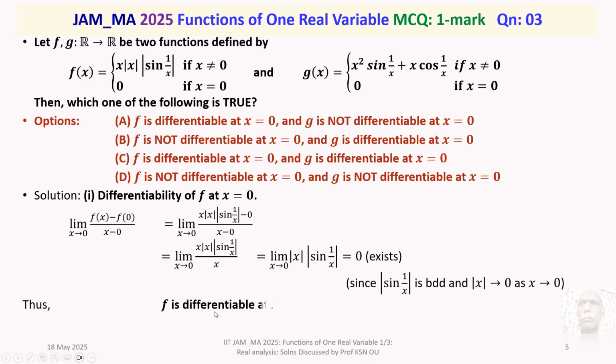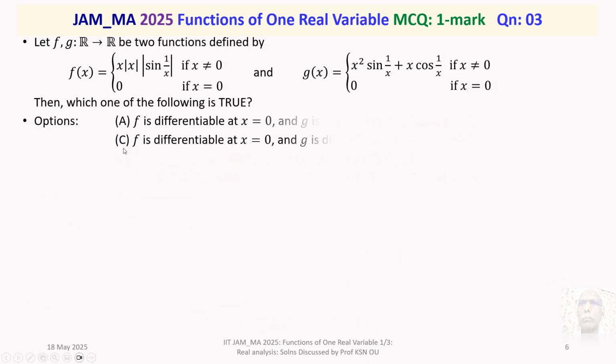Therefore, f is differentiable at x is equal to 0, and the value of the derivative at x is equal to 0 is 0. So f is differentiable at x is equal to 0. So this overrules the options b and d in which f is not differentiable at x is equal to 0 is given. So the options b and d are ruled out. We continue in the next slide.